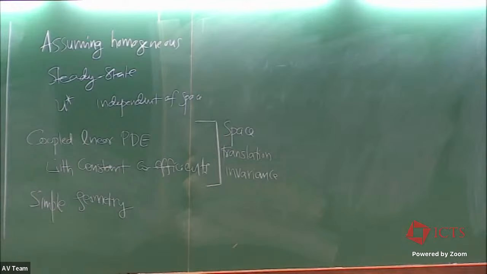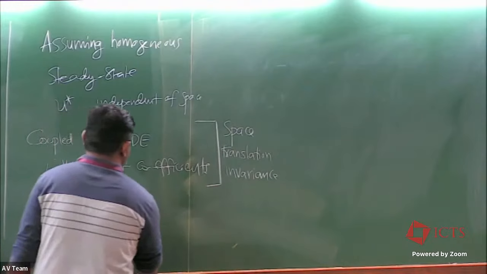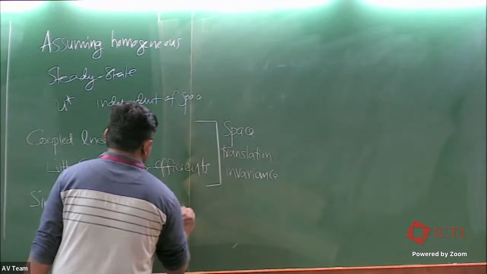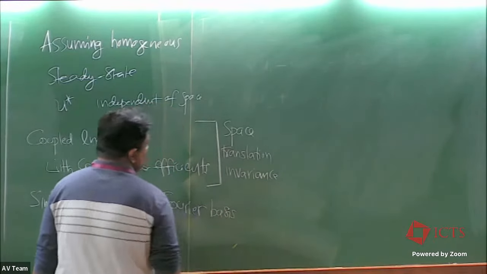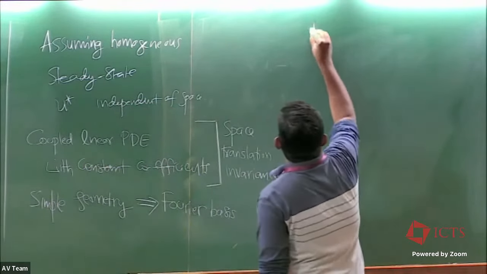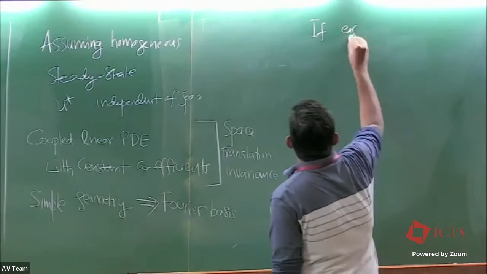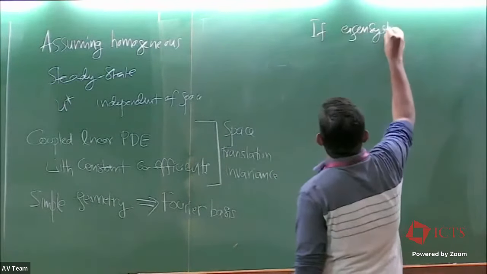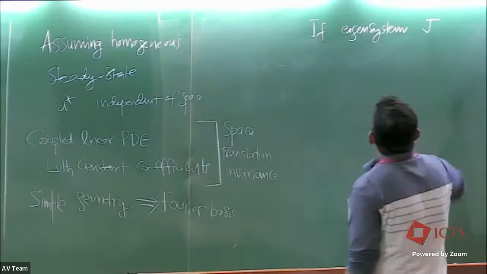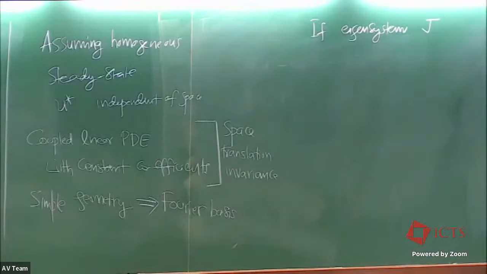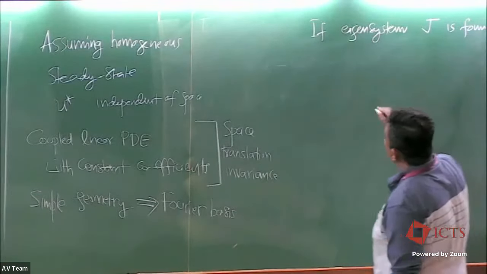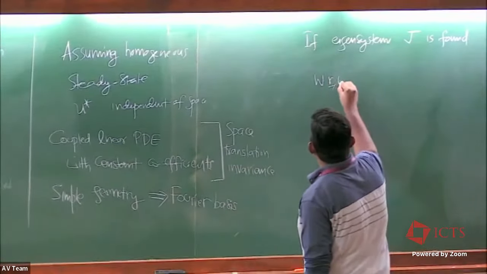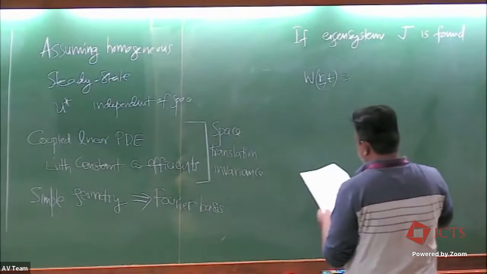So therefore, if you can find the eigensystem for the operator J, then I know how to expand the perturbation. Classical ideas, right?